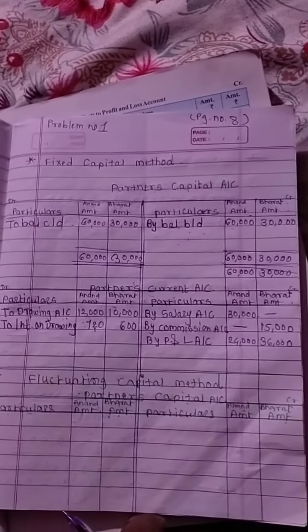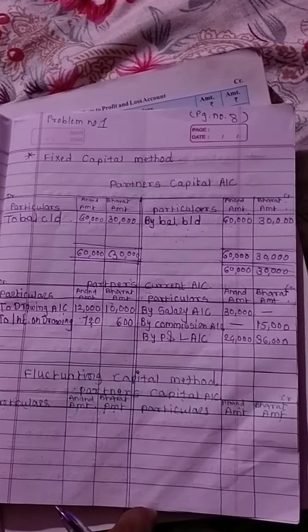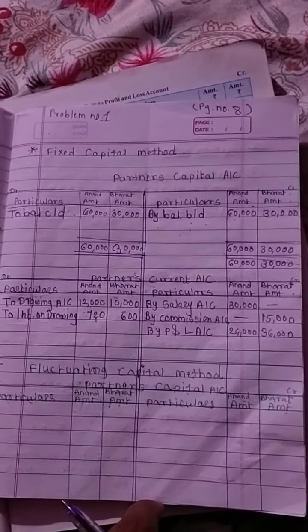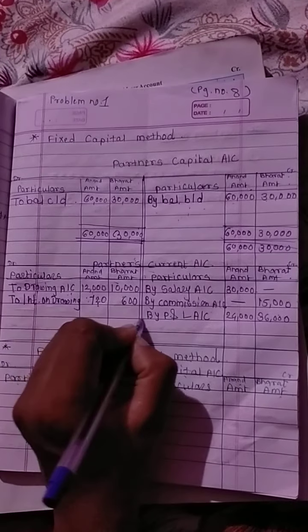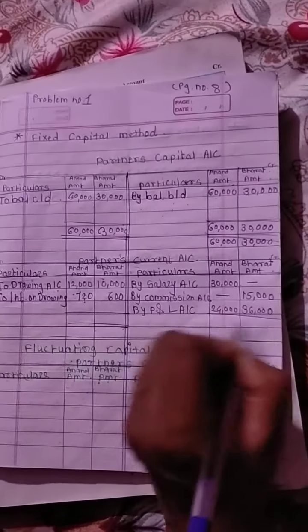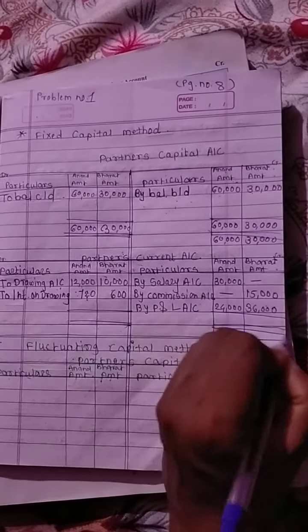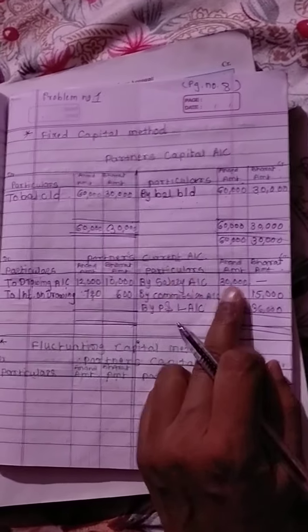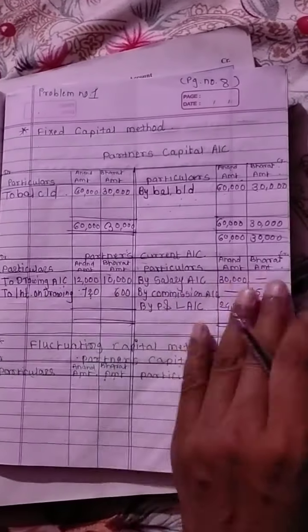Okay, next, the same thing with partners' current accounts. Close these accounts also. Now do the totaling of these accounts, and whichever total is more, write that total on both sides.